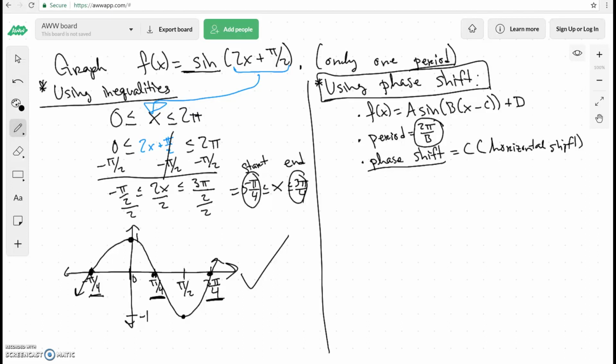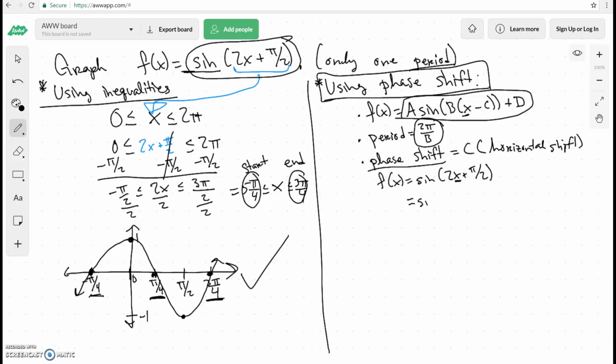Now, what I want is to make this equation look like this equation. So if I take a look at it, f of x is equal to sine of 2x plus pi over 2. Well, it doesn't quite look like that because notice how this x is by itself. So I need to get this x by itself. So what I'm going to do is factor the 2 out.